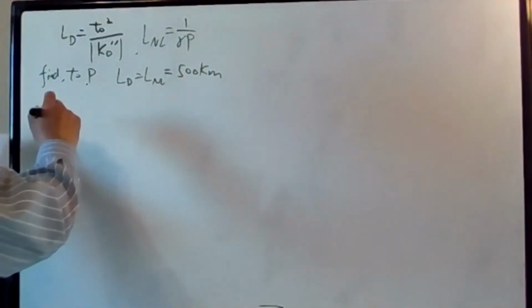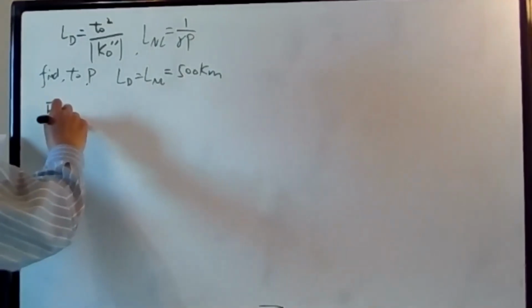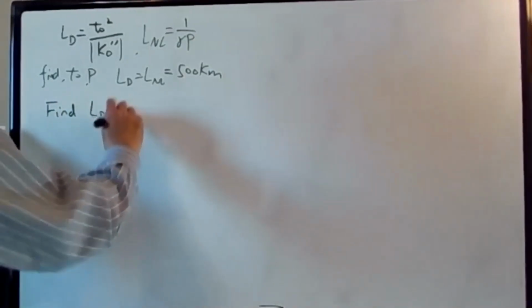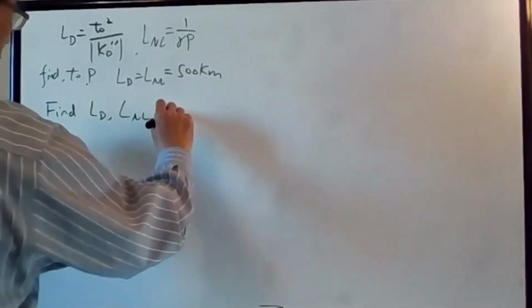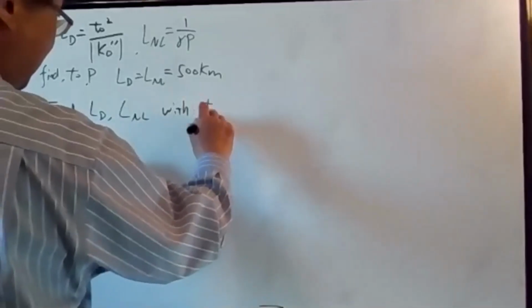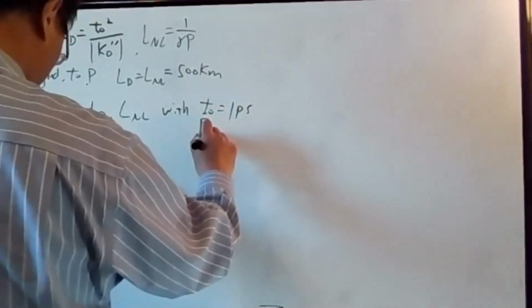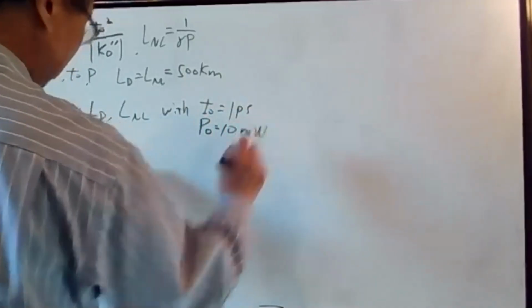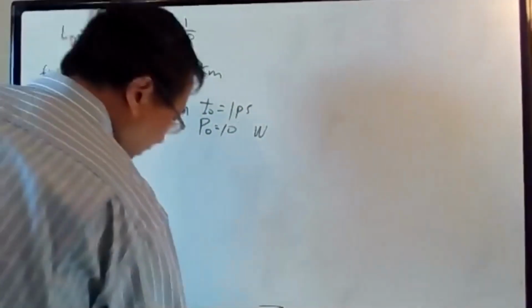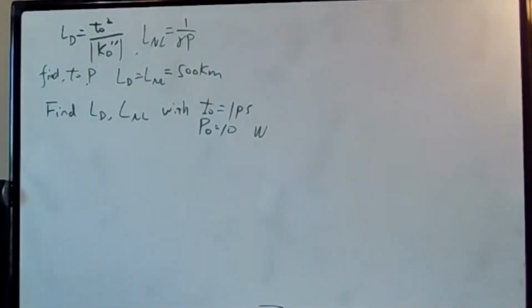So in this case, we want to find the dispersion length and the nonlinear length with T naught as 1 picosecond and P naught as 10 milliwatt, I'm sorry, 10 watt.